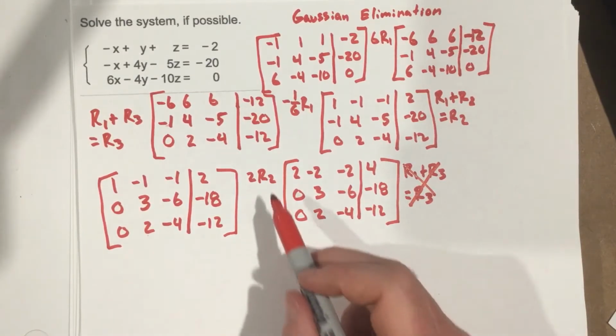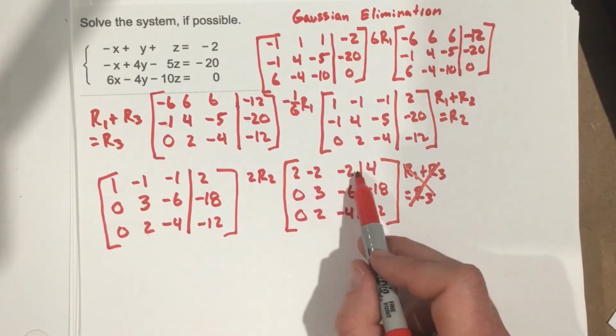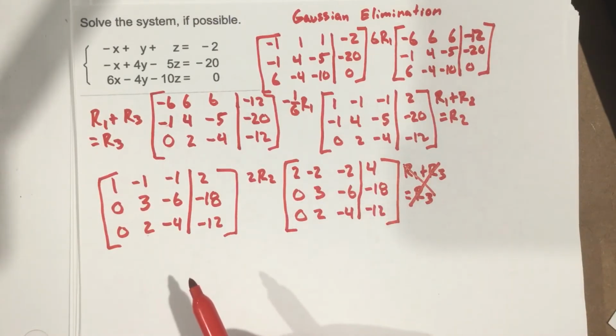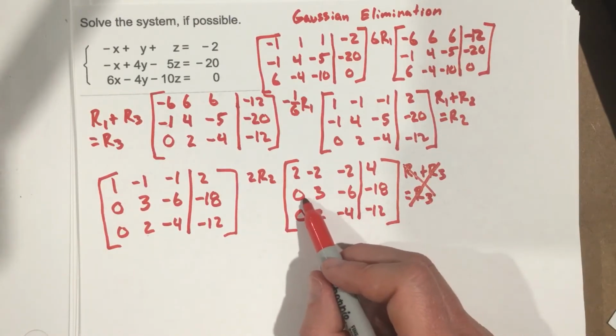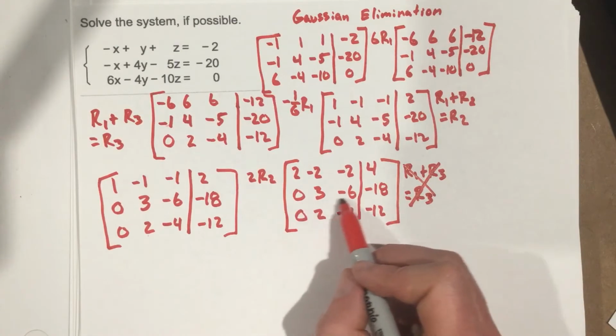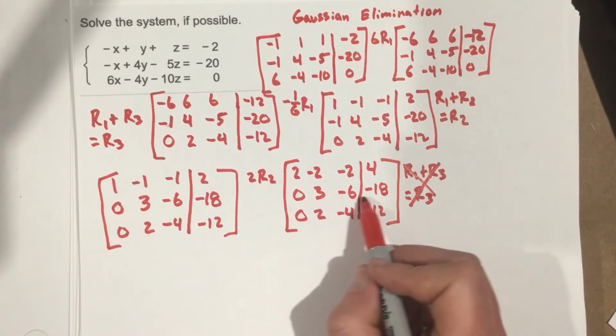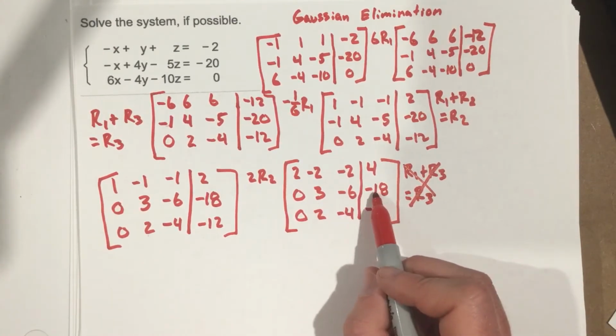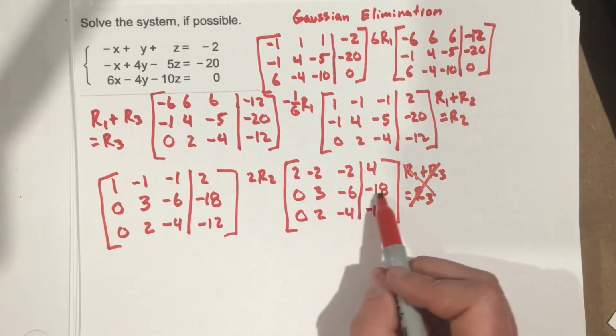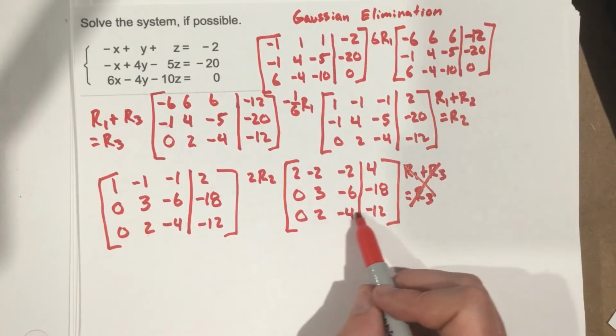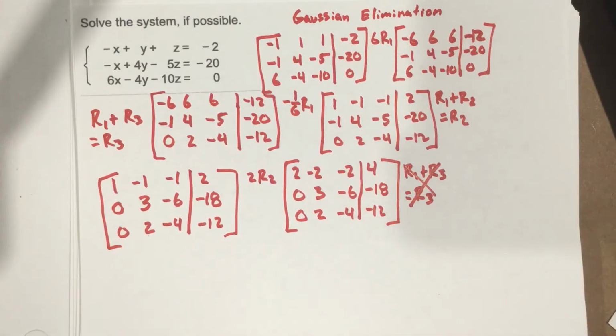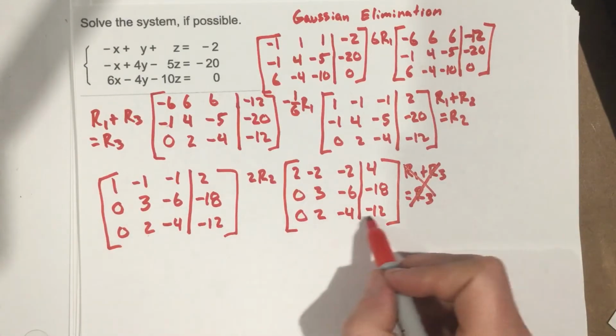And instead, because I didn't really need to take that times 2, I'm going to take the middle row, and we're going to multiply the middle row. They're all divisible by 3. So I'm going to multiply the middle row by 1/3 and the bottom row by -1/2.